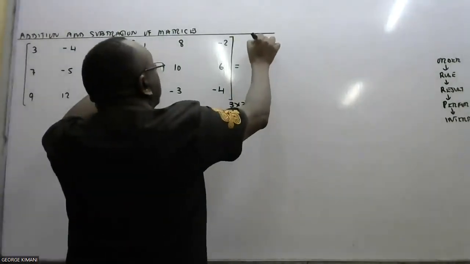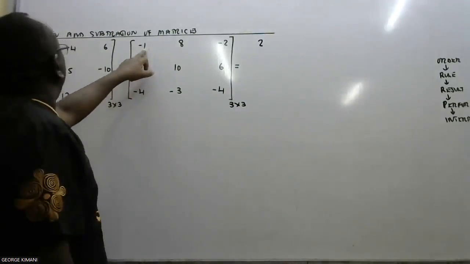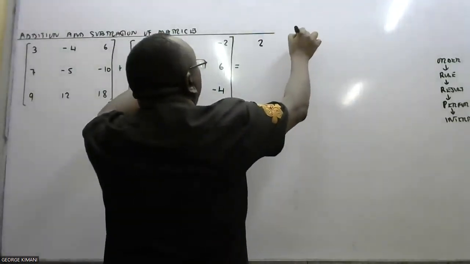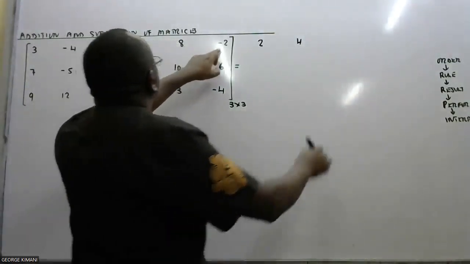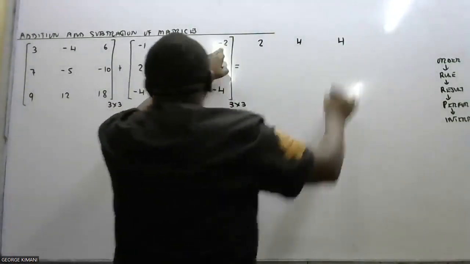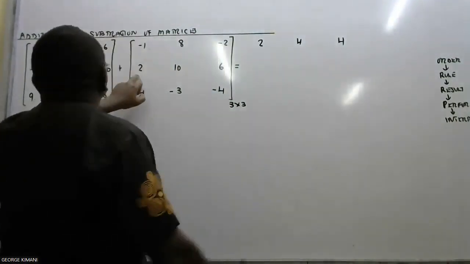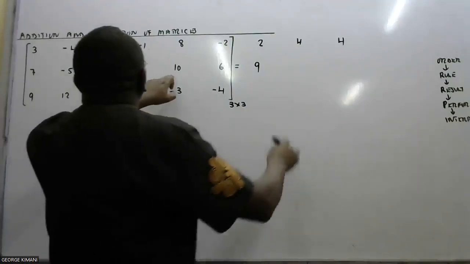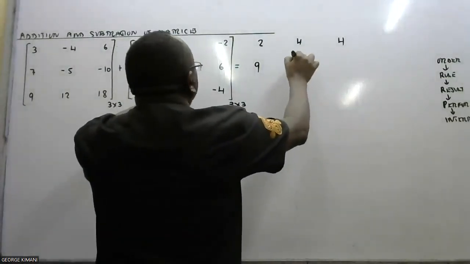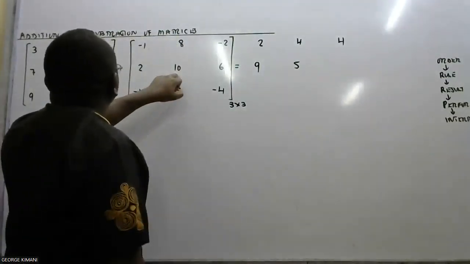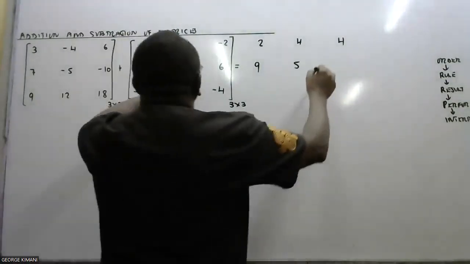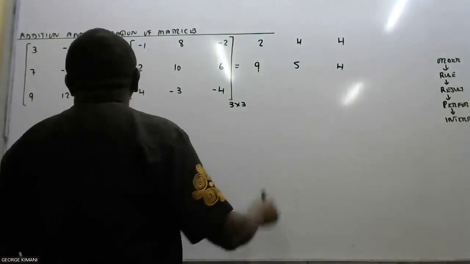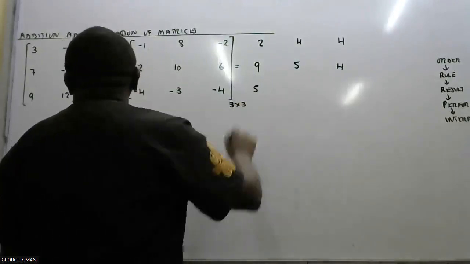That gives us what? 2. -4 plus 8, that gives us 4. 6 plus -2, that gives us 4. 7 plus 2, that is 9. -5 plus 10, that is 5. -10 plus 6, that is 4. 9 minus 4, that is 5.